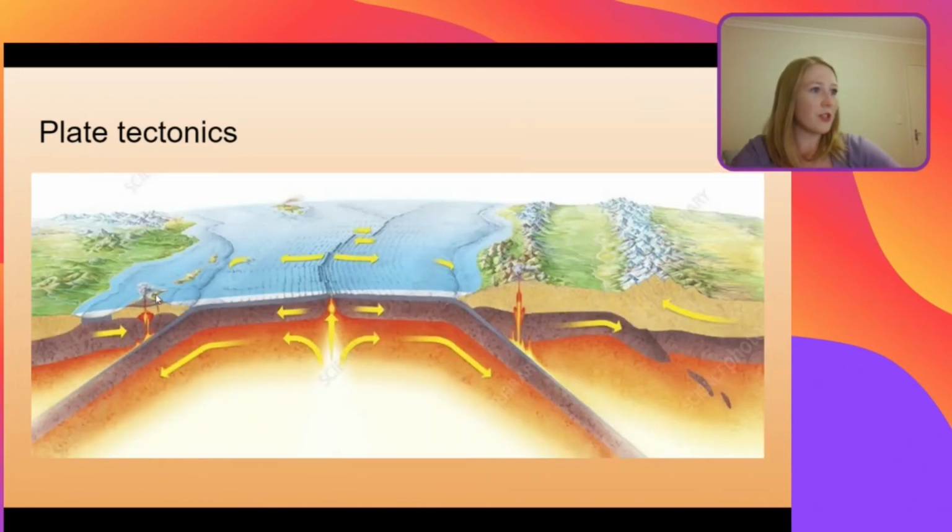I wasn't planning on doing volcanoes and earthquakes in the video, but this is where you would see them form. If you look over here, there's a volcano diagram. This is a subduction zone.